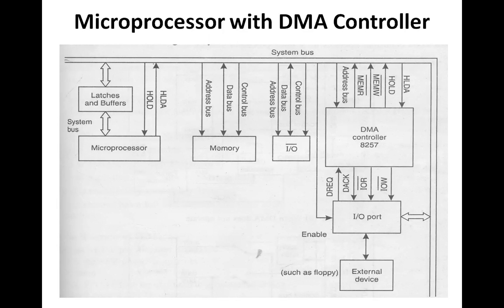This is the simplified diagram of a microprocessor system with a DMA controller, in which the microprocessor is connected with the DMA controller. This DMA controller has only one channel. Of course, we know that it uses 4 channels, but for simplicity and the explanation, I have used only one channel here.